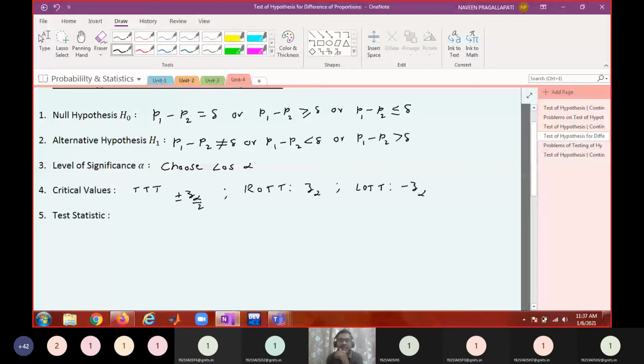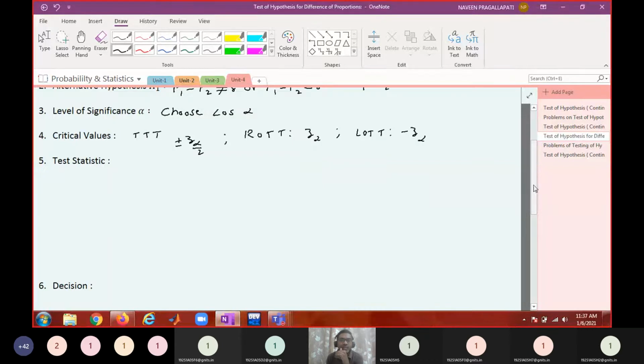And the test statistic we write in two cases, whether we are assuming the two populations have different variances, or whether we are assuming both have the same population variance.